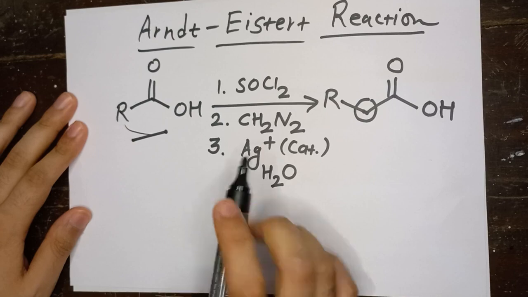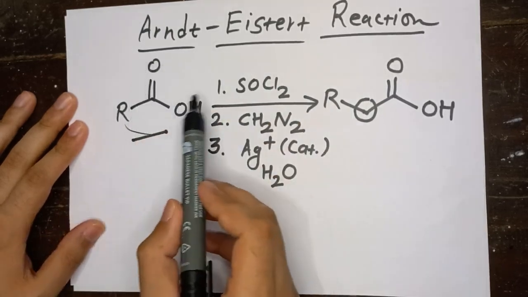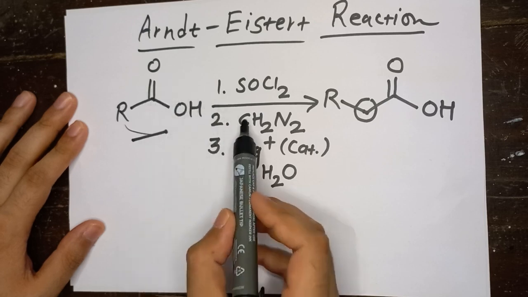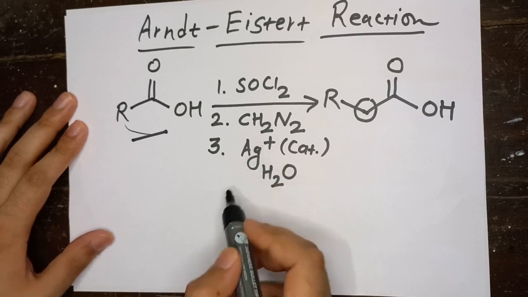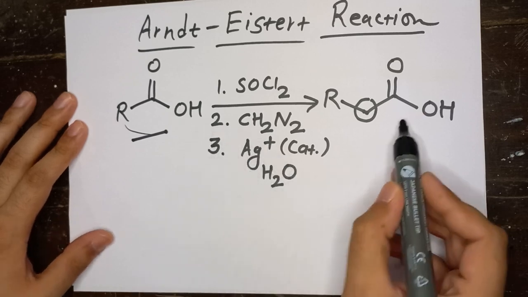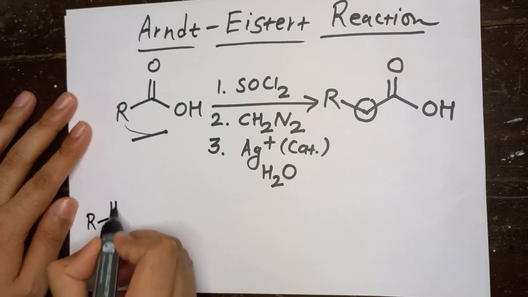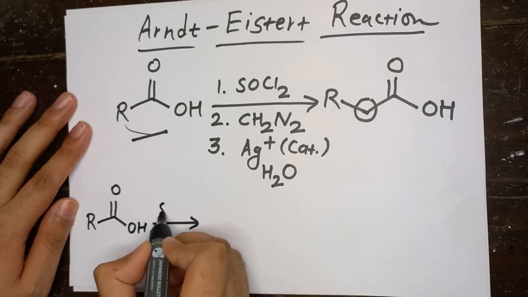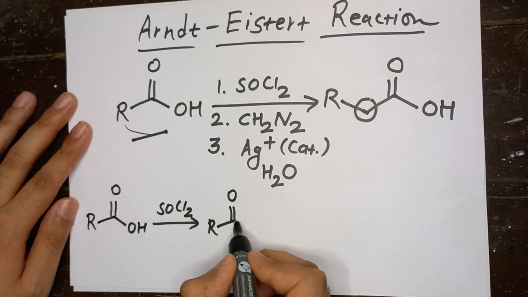So now just to recall, in the Arndt-Eistert reaction, we are taking carboxylic acid. In the first step, we are converting carboxylic acid into acyl chloride. Then in the second step, using diazomethane, we are making it a ketene. And ketene, when it reacts with water, forms acid. So we have carboxylic acid. First step, we generated acyl chloride.